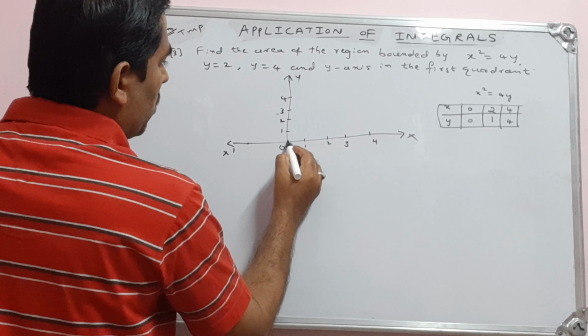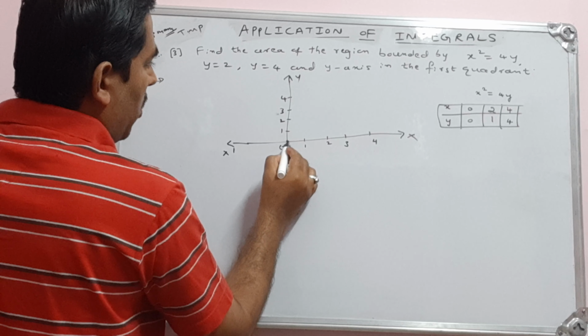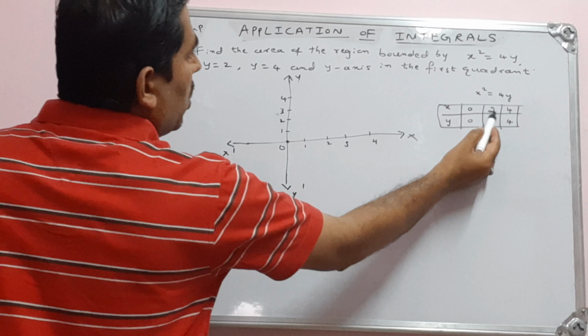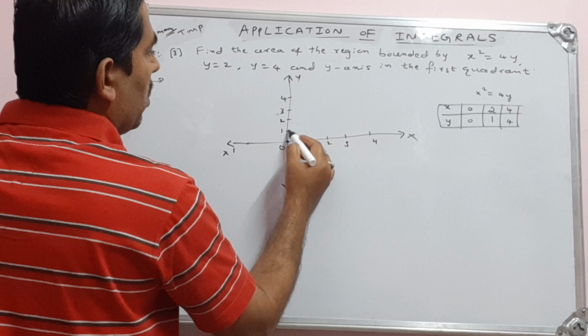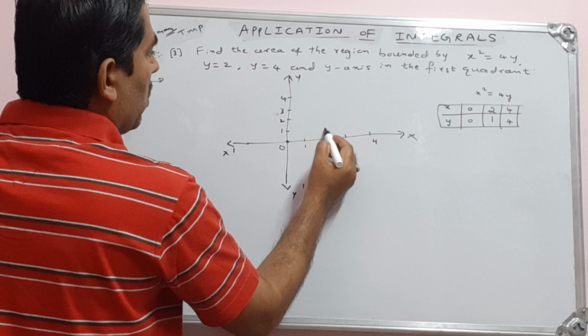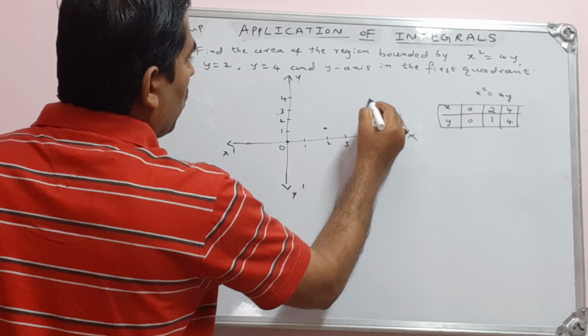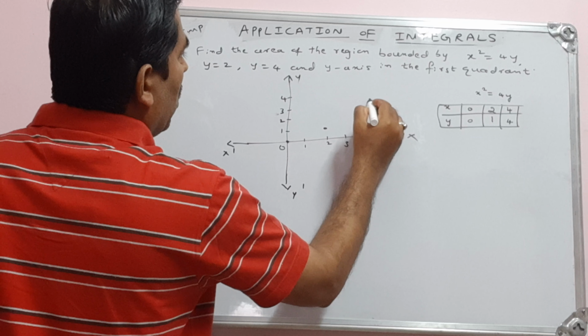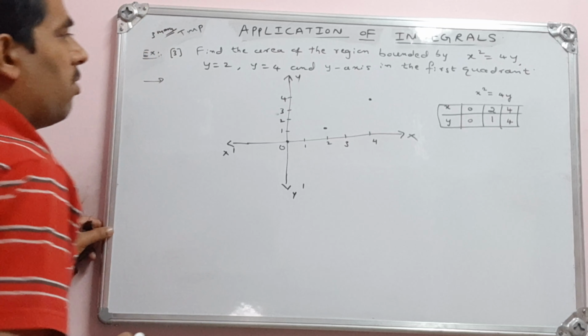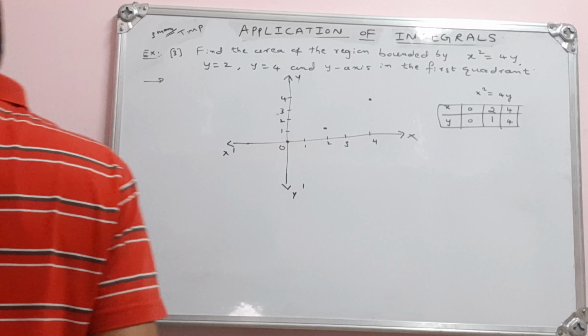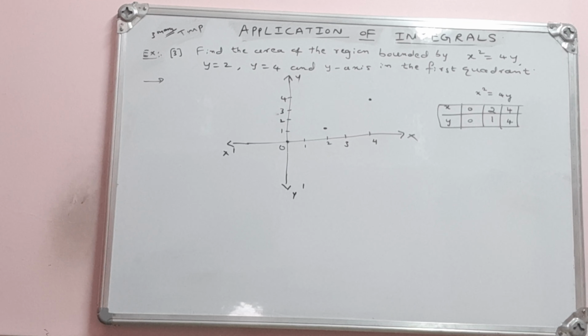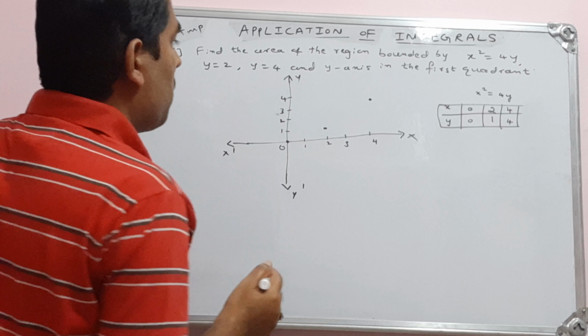The point 0, 0 is at the origin. Then the next point is 2, 1, so that lies here. Then 4, 4, the point 4, 4.